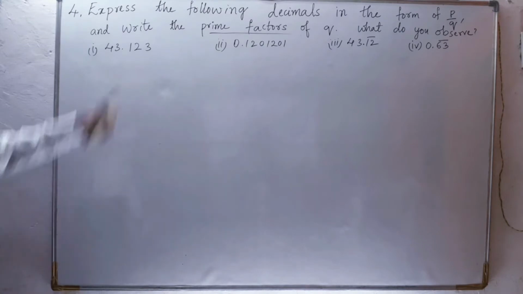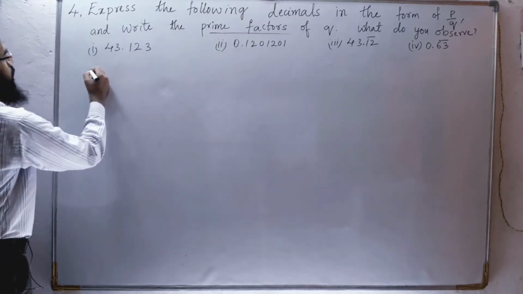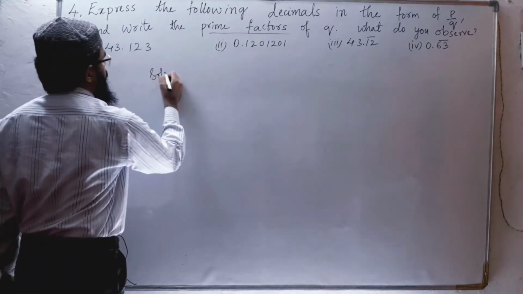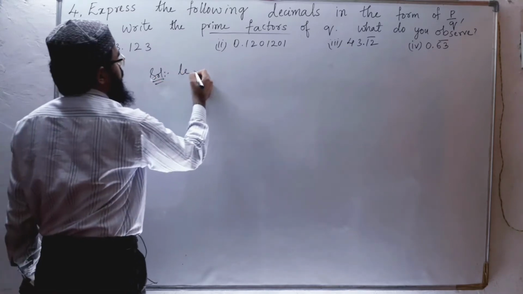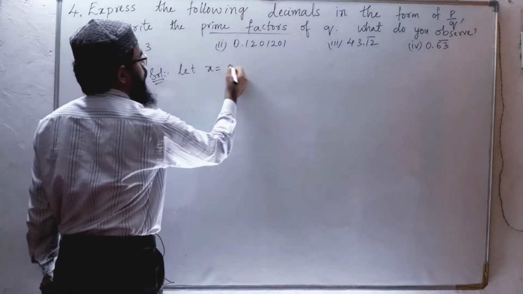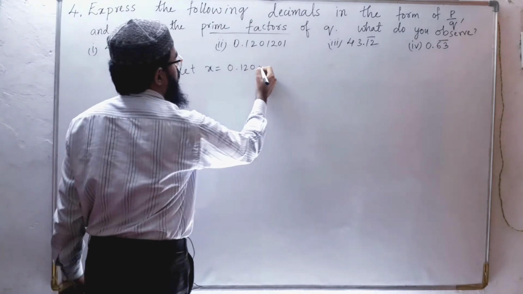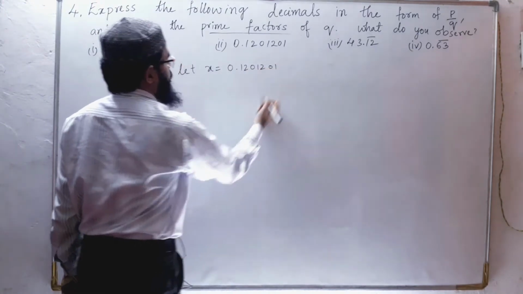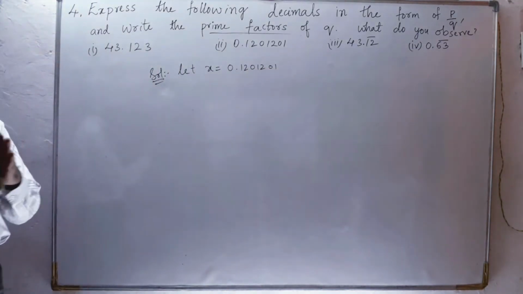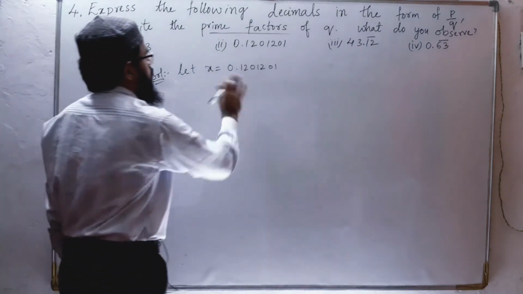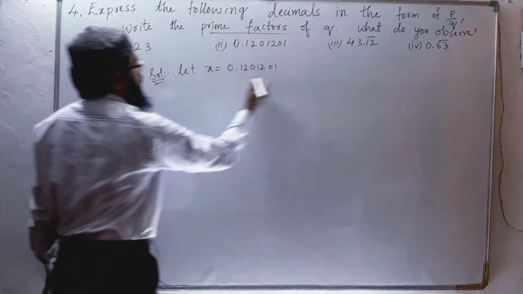Let us do the second one. So what is the second one? Let us write in solution. Let x equal 0.120121, and so on. Here first we will multiply with 10. So this is our first equation.